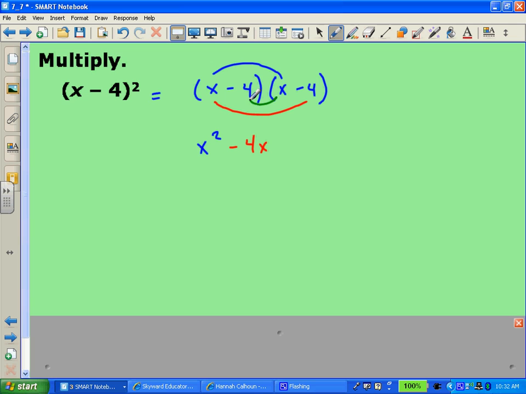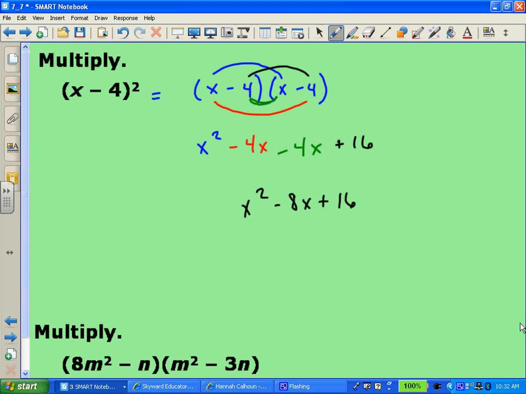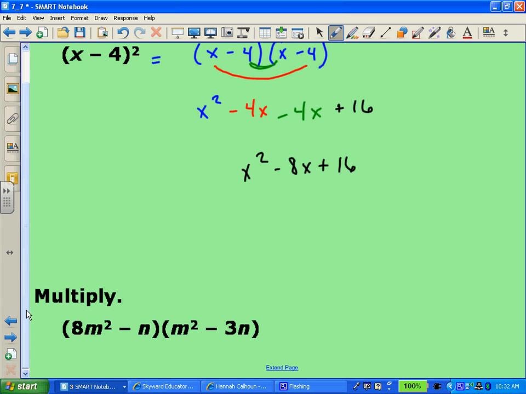Then I'm gonna do my inner terms right here. Negative 4 and x, so that's minus 4x. And then my last terms, which is negative 4 times negative 4, so that's plus 16. So I'm going to end up with x squared minus 8x plus 16. Okay, first, outer, inner, last. FOIL.